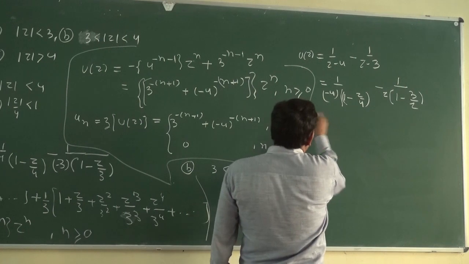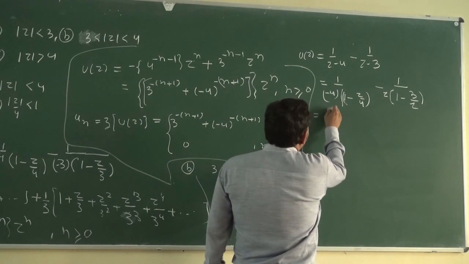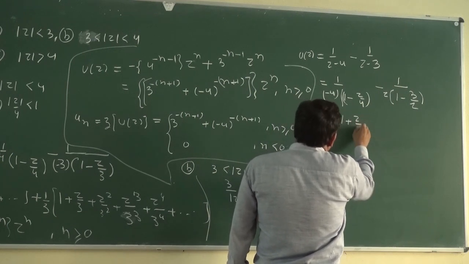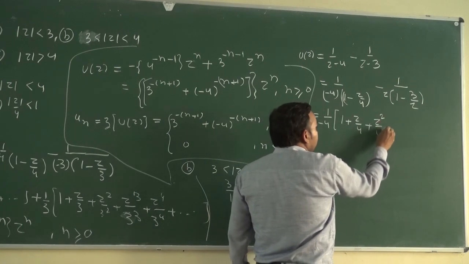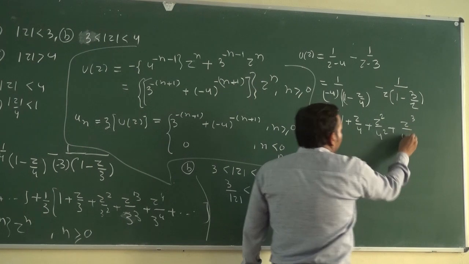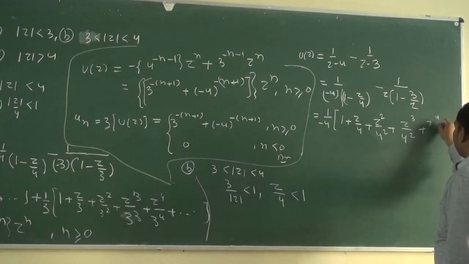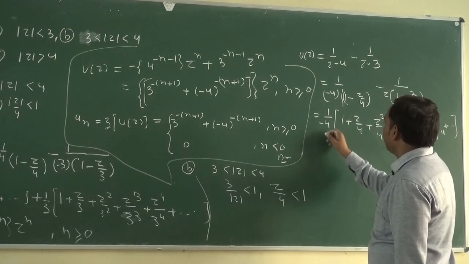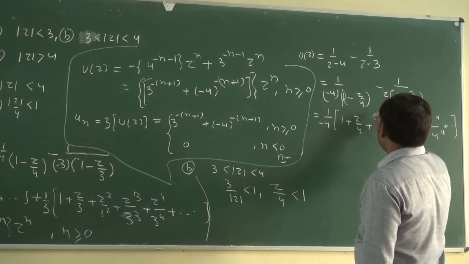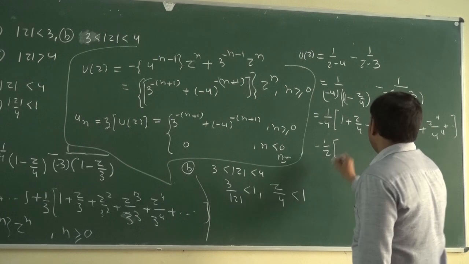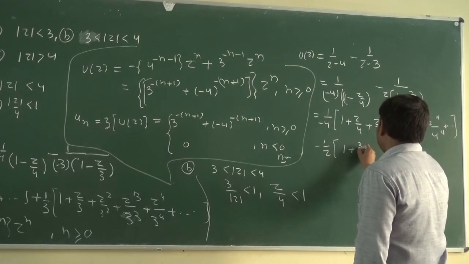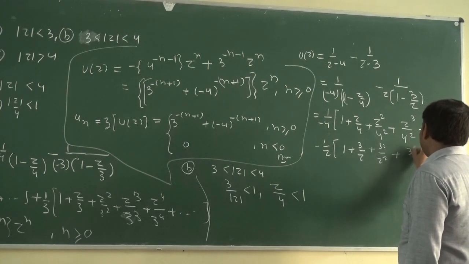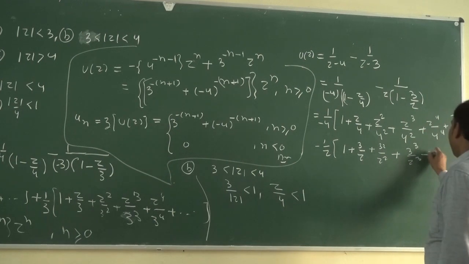Expand this as minus 1 upon 4 times 1 plus z upon 4 plus z square upon 4 square plus z cube upon 4 cube and so on, and minus 1 upon z times 1 plus 3 upon z plus 3 square upon z square plus 3 cube upon z cube and so on.